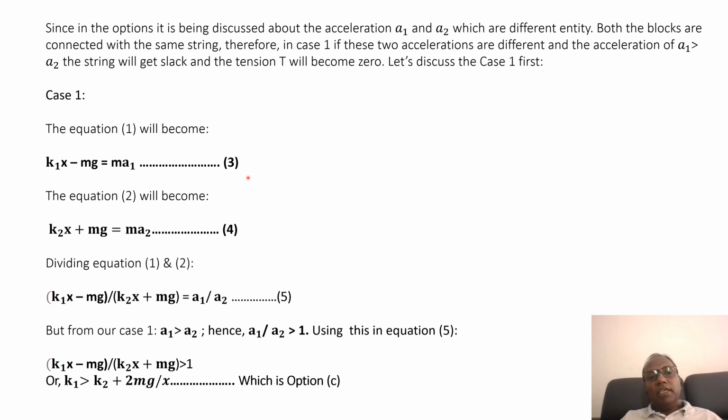Dividing equation 3 by 4, you will come to this equation number 5. And a1 divided by a2 is greater than 1, so we will use this, and finally we will be able to get K1 greater than K2 plus 2mg divided by x, which is your option C. So option C is one of the correct options. We will check the other options as well.